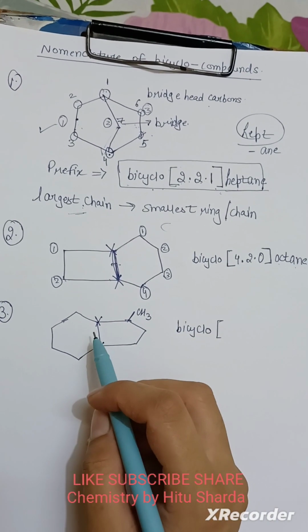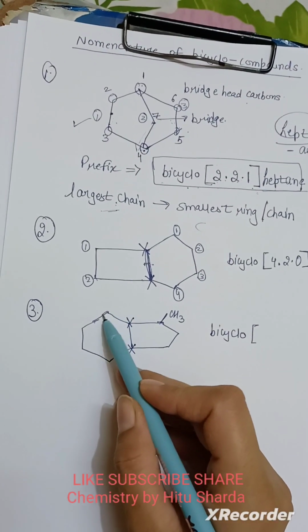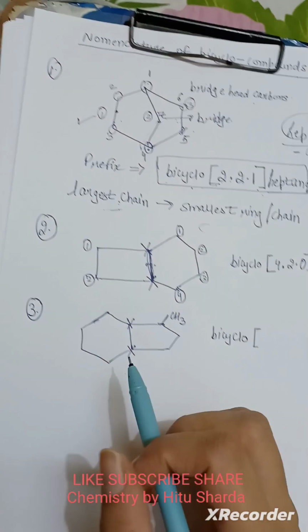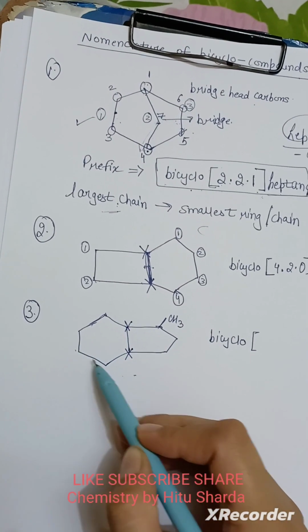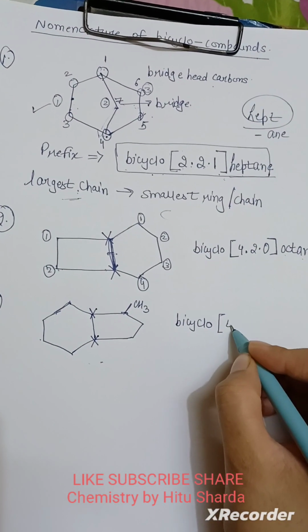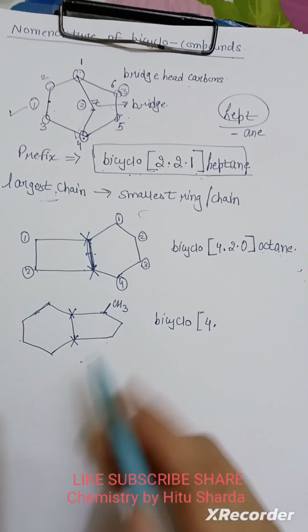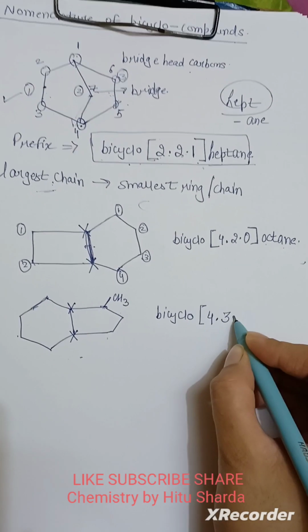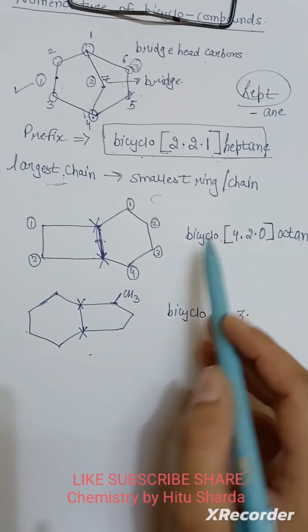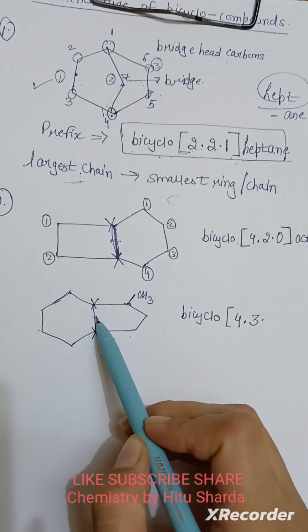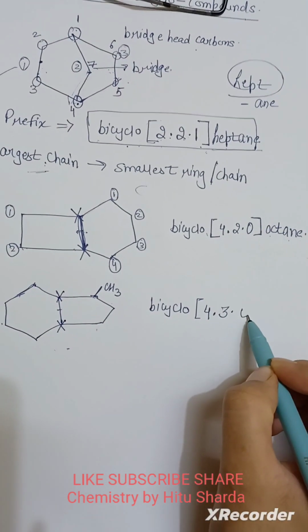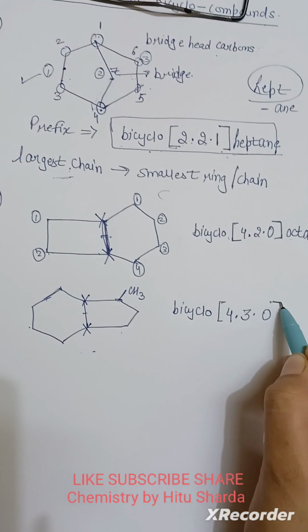Now first of all we will have the longest chain. We have to count the carbons of the longest chain, that is 1, 2, 3 and 4. So 4, dot, the smallest chain contains 1, 2, 3. So there is 3. And like in this case, there is no middle carbon here also, so we will write 0 and the square bracket close.